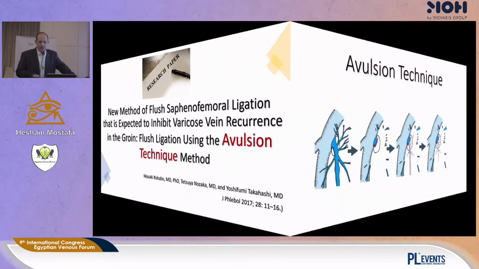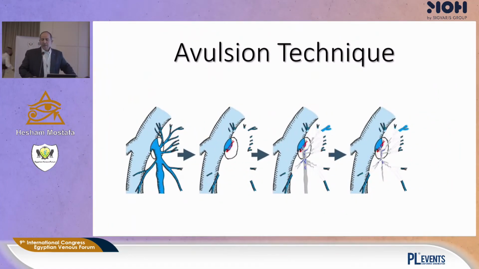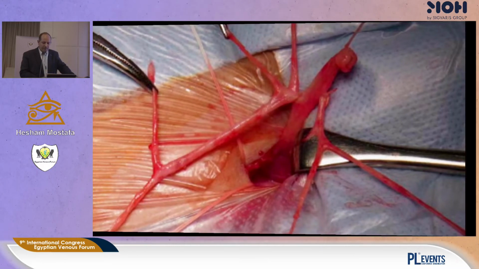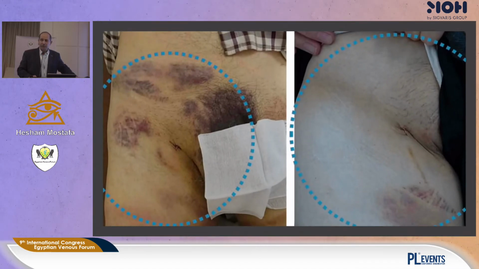What is the avulsion technique? They try to dissect the tributaries as far as they can and remove a segment from all the tributaries and then avulse the tributaries. What happens? This is the photo for the saphenous and the biggest lengths of the tributaries which have been avulsed, and this is the picture post-operative after avulsion.